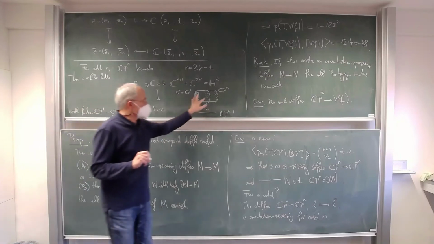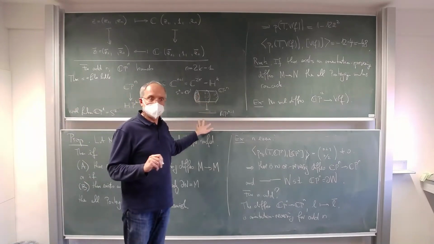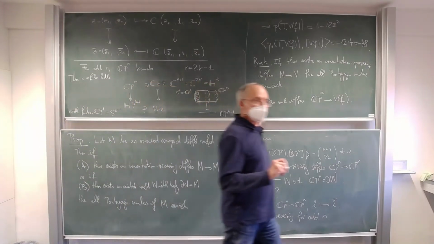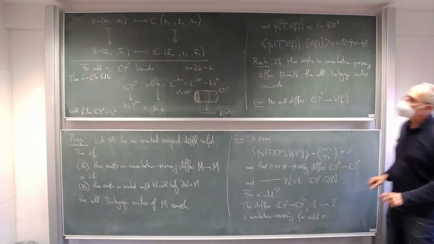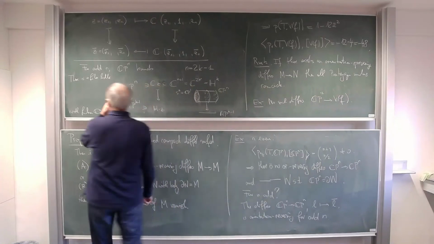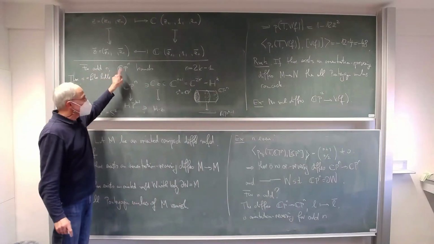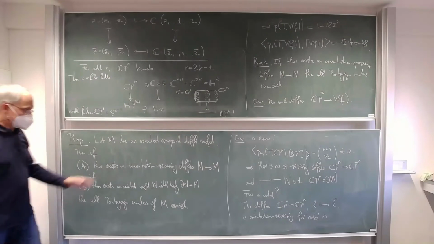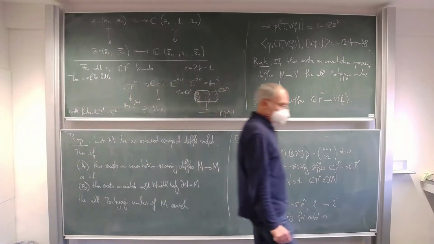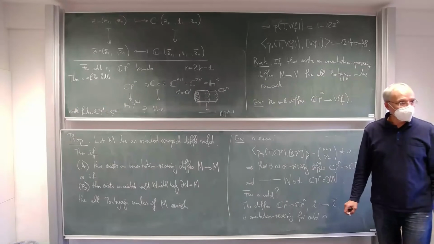This way you can make it precise. I'm not going to do that, it's not that important to us. I just wanted to mention it, so that in odd complex dimensions CP^n does bound, whereas in even dimensions it doesn't, because of the Pontryagin numbers.